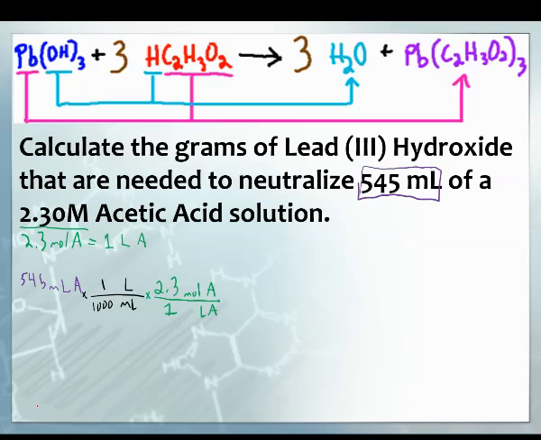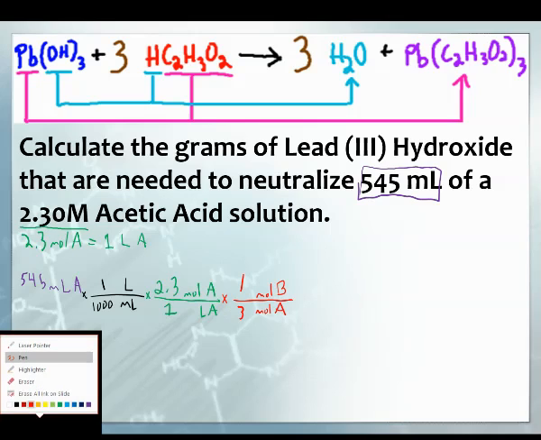After we do that, we are then at our stoich step, where we are going to go from our moles of acid to our moles of the base, in which case the base is lead-3 hydroxide. If we look here at the equality, there is 1 mole of base for 3 moles of acid.